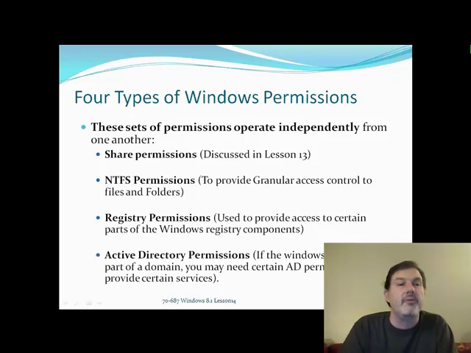We also have registry permissions, which are used to provide access to certain parts of the Windows registry components. We'll talk about that at some other point. And then Active Directory permissions.